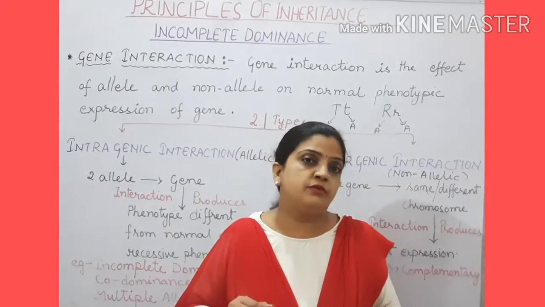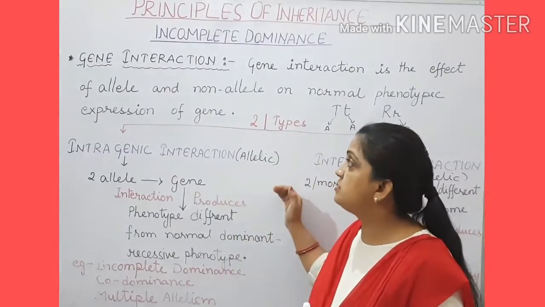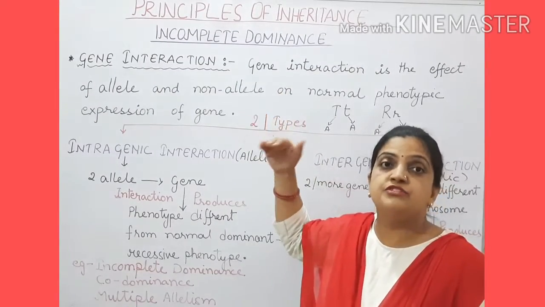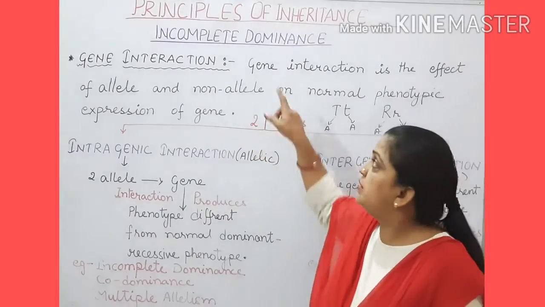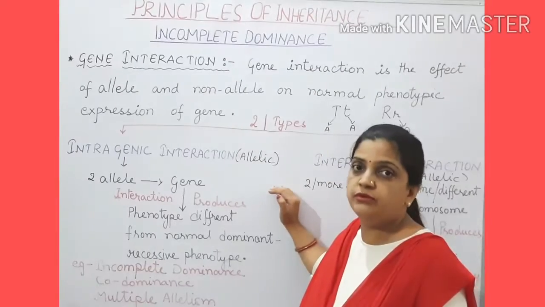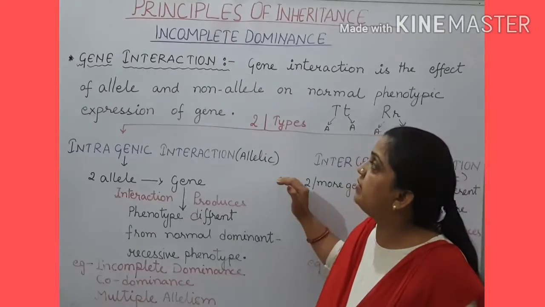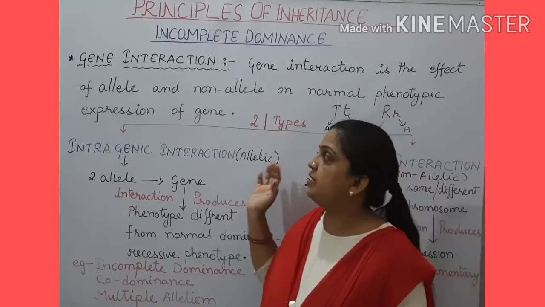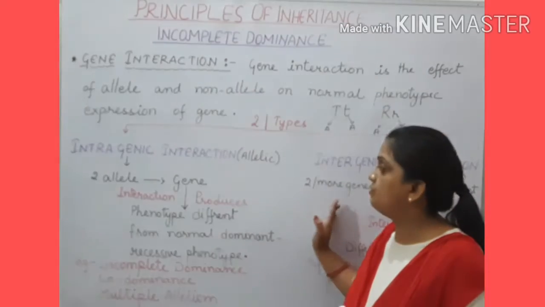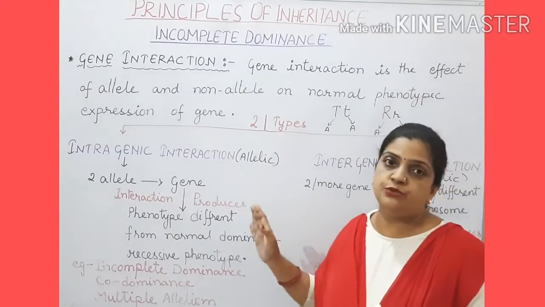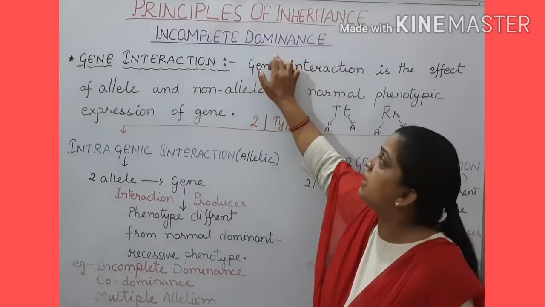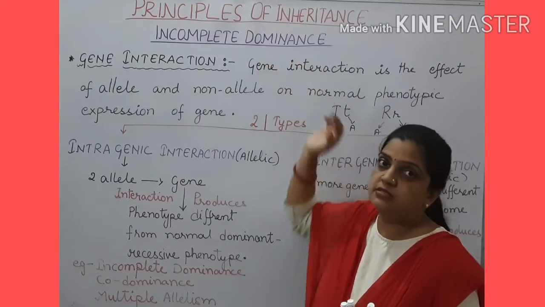This is very important to understand, because to understand the examples we are going to study now, it was important to know this beforehand. That is why I have explained what gene interaction is and then told you the types of gene interaction. I hope this is clear to you, and now I will be moving to the main topic, incomplete dominance.